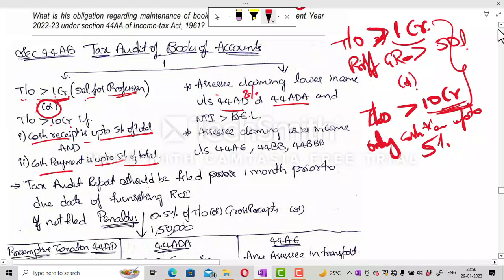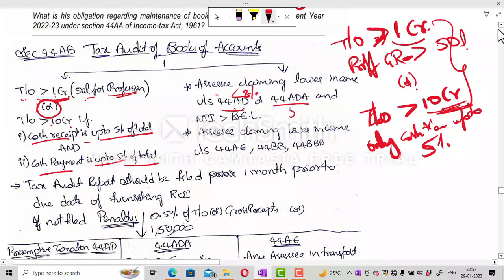We said if we pay tax at 8%, then there is no need for tax audit. But if it is less than that 8%, we are opting for 44AD and paying less than that limit, then tax audit is applicable.